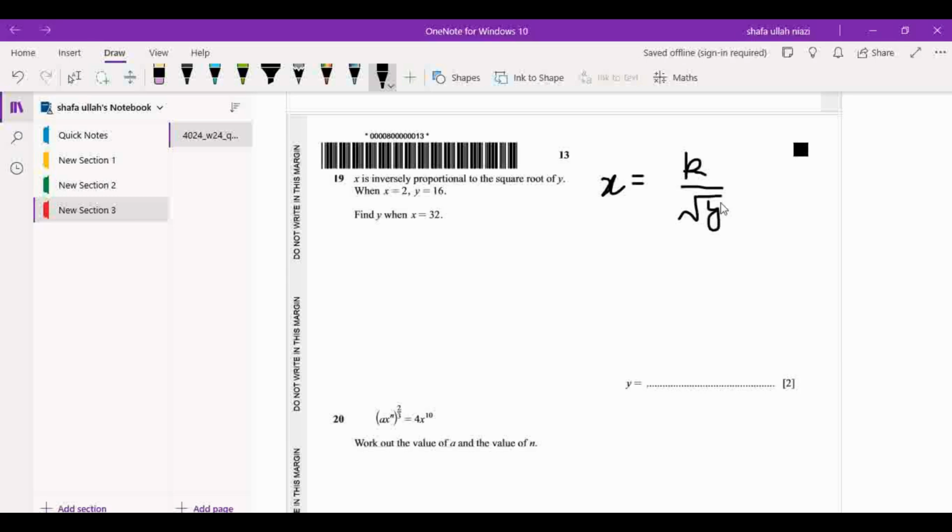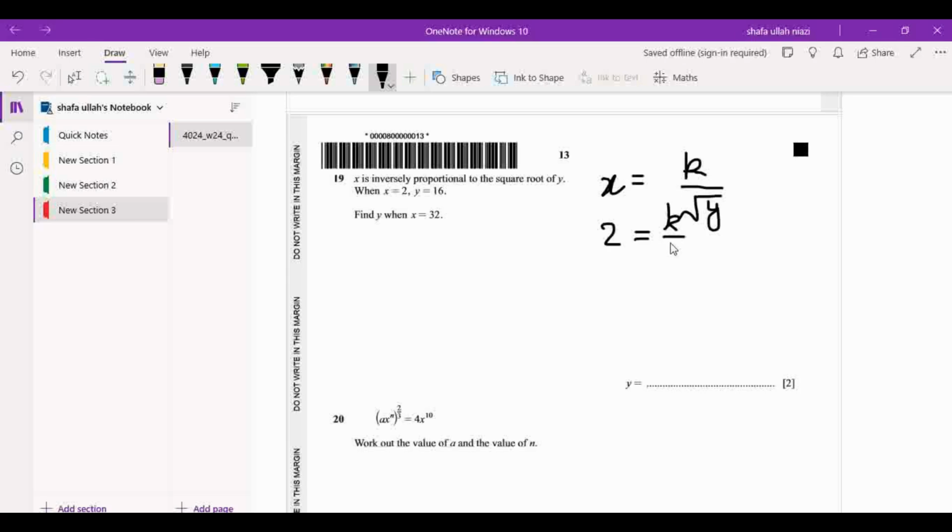First we find the constant of proportionality. When x and y are both given, they are substituted here. X is 2 and y is 16, so k over under root 16.